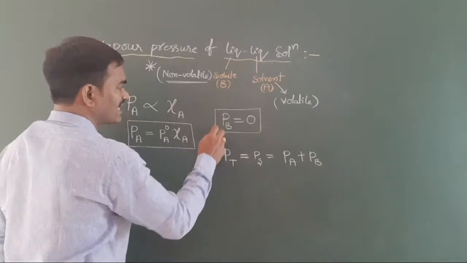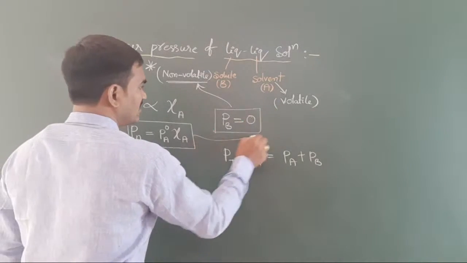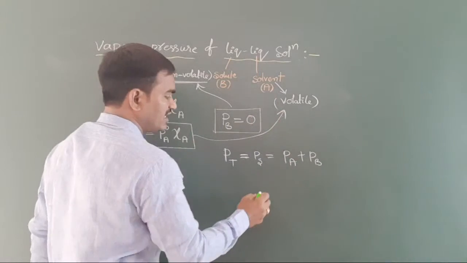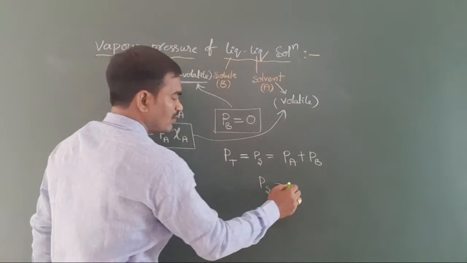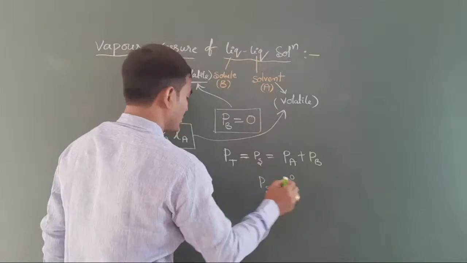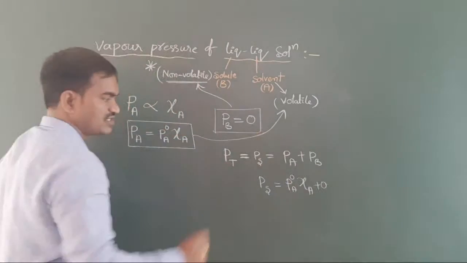P_B becomes 0 because it is non-volatile, and the solvent is volatile, so it follows Raoult's law. So P_S is equal to P naught A chi A plus 0.